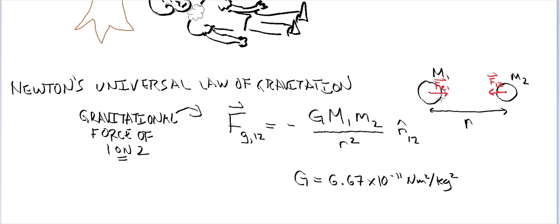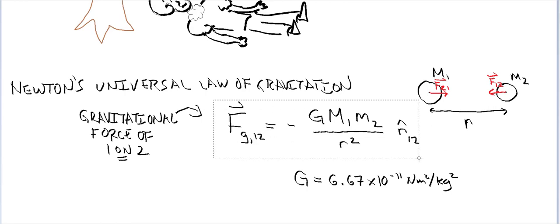By Newton's third law, the forces they exert upon one another must be equal and opposite. This is F2 on 1, and this is F1 on 2. They are equal in magnitude but opposite in direction.